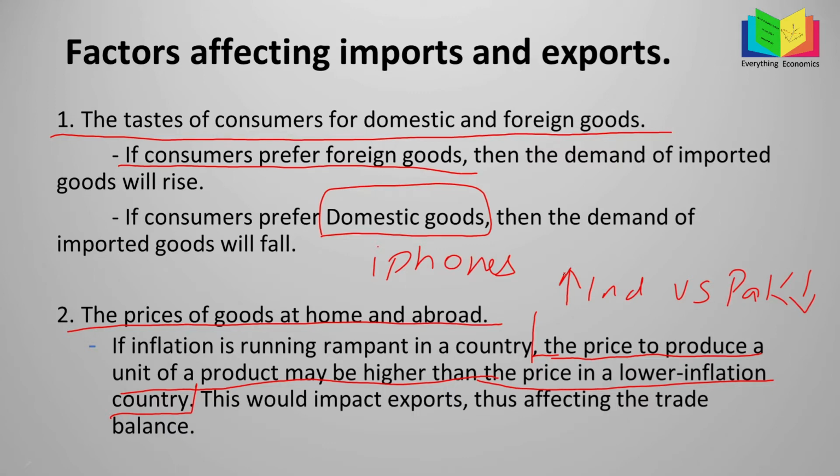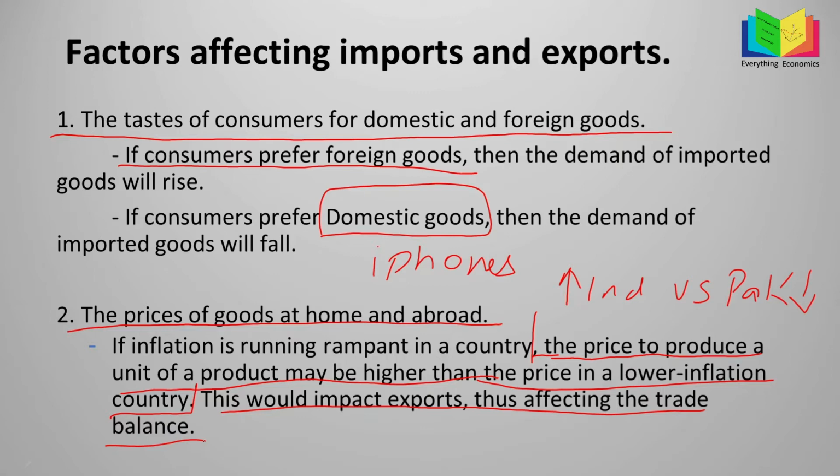The third part is this would impact exports, thus affecting the trade balance. Therefore, in the case of Pakistan, the exports would reduce because the cotton is expensive now, and this will mean a negative trade balance, or the positive trade balance would reduce.